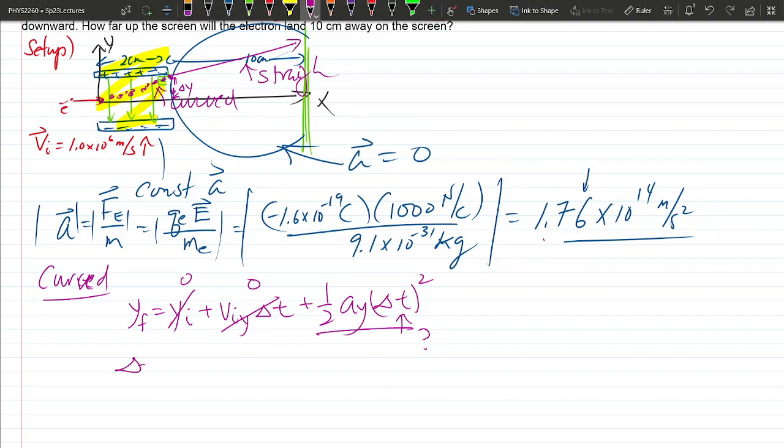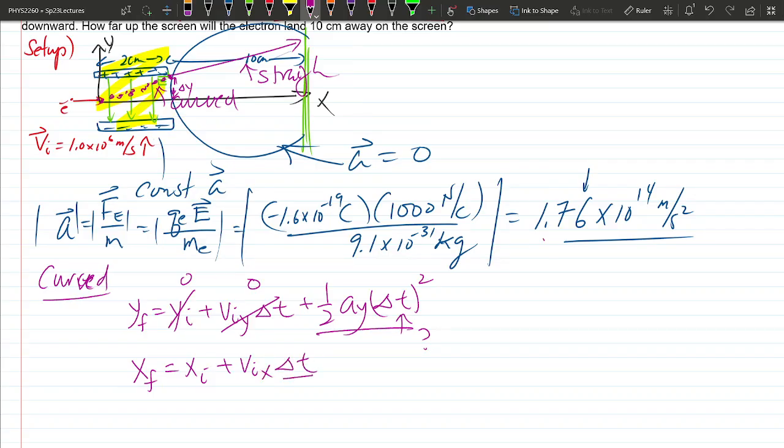Delta t is the amount of time that the electron is going to spend between the two plates. So we know the initial velocity of the electron. So distance x final equals x initial plus vi x delta t.